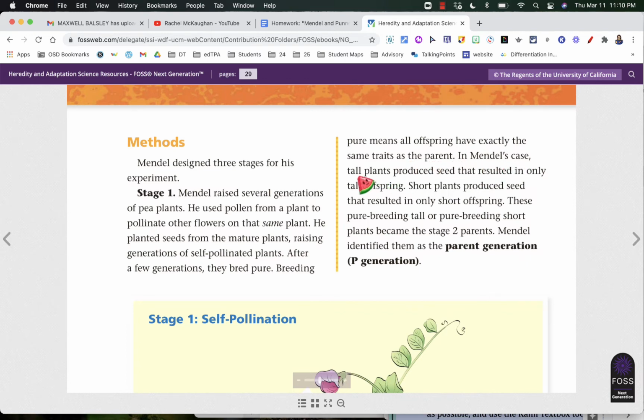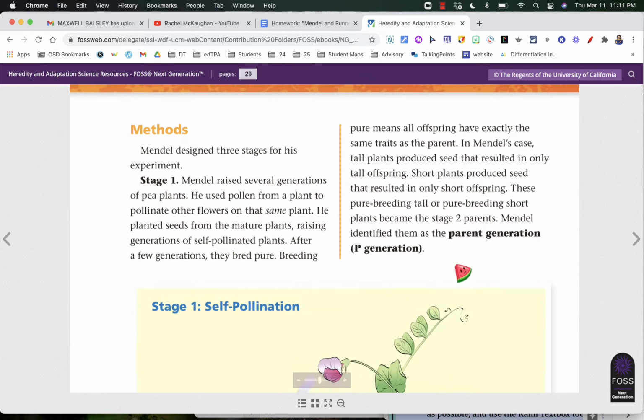In Mendel's case, tall plants produced seed that resulted in only tall offspring. Short plants produced seed that resulted in only short offspring. These pure breeding tall or pure breeding short plants became the stage 2 parents. Mendel identified them as the parent generation, P generation. He wanted these ones to start off his studies.